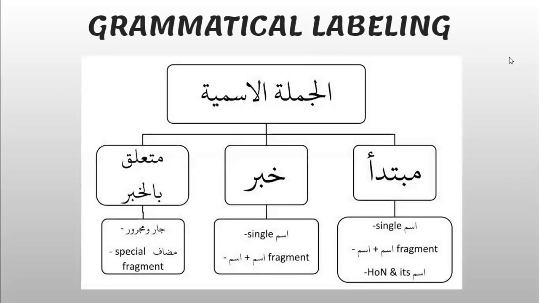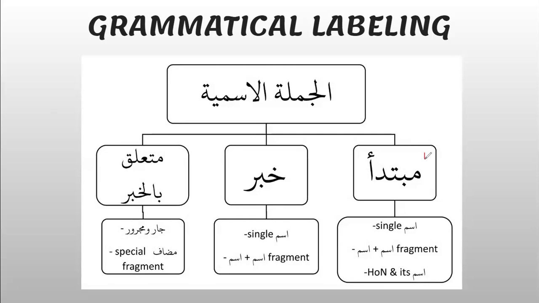Jumla ismiya is made up of 3 parts. Jumla ismiya means ism based sentence, the sentence that begins with an ism, and every jumla ismiya has 3 parts.